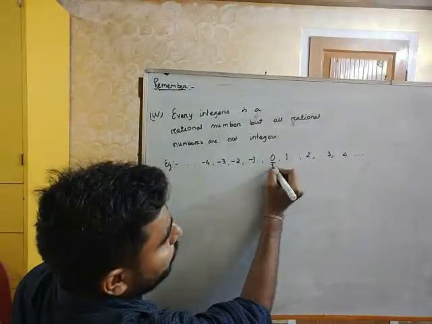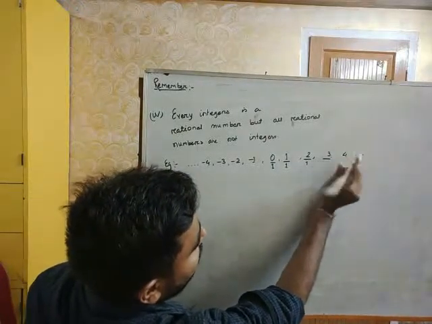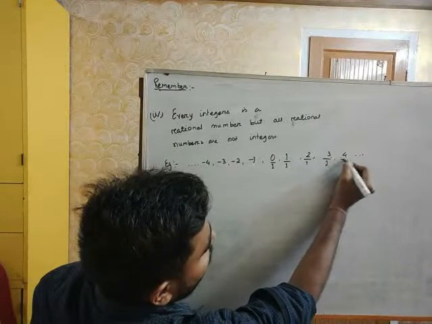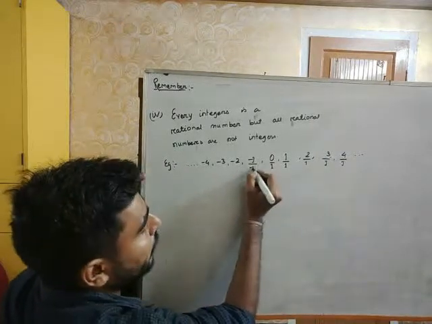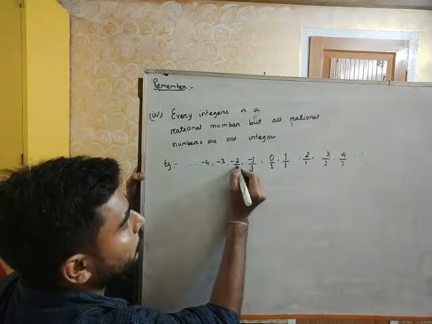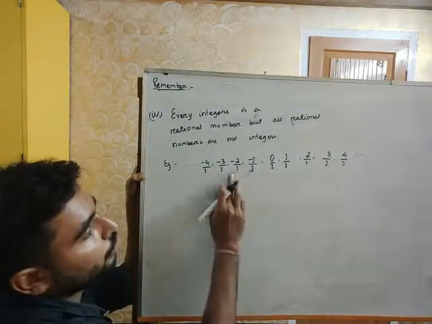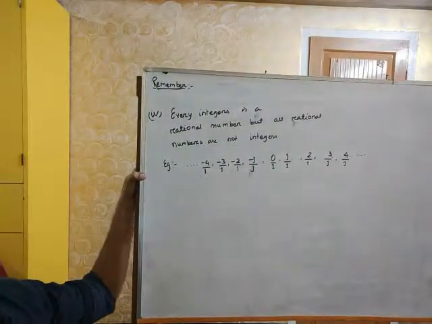What can I write as denominator? 0 by 1, 1 by 1, 2 by 1, 3 by 1, 4 by 1, -1 by 1, -2 by 1, -3 by 1, -4 by 1, and so on. What can the denominator be? Nothing is there.